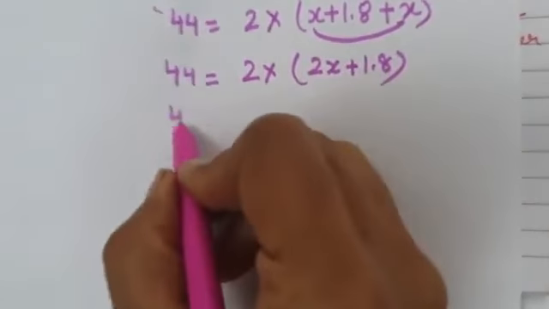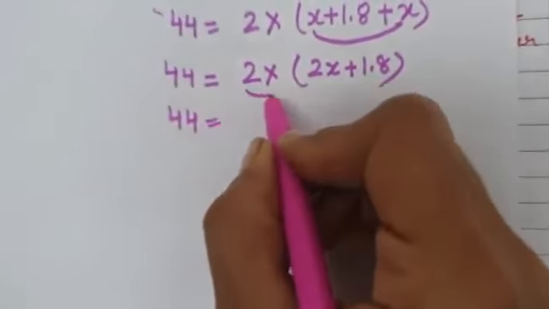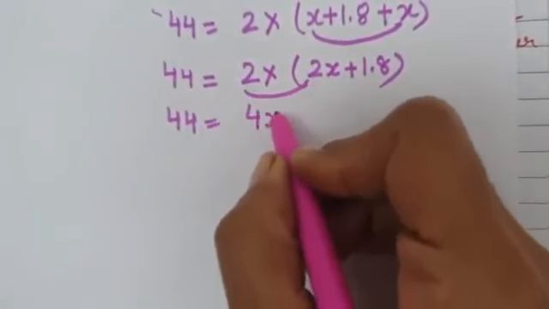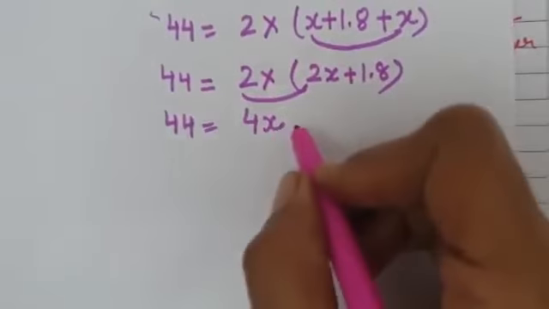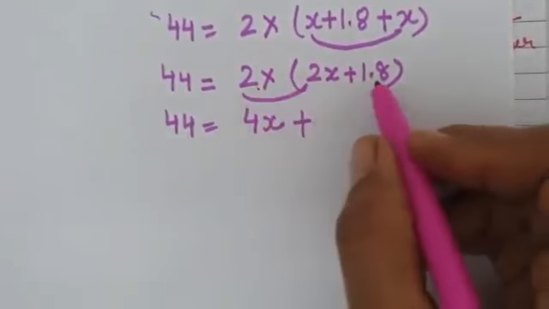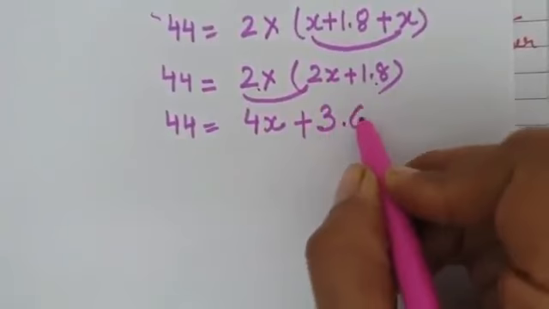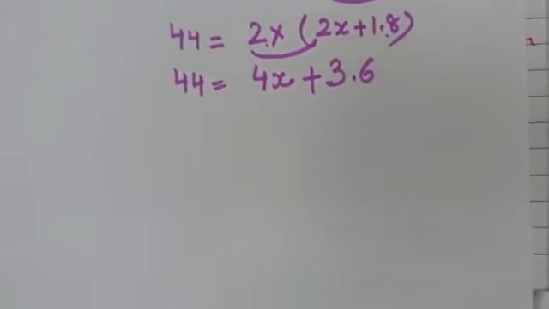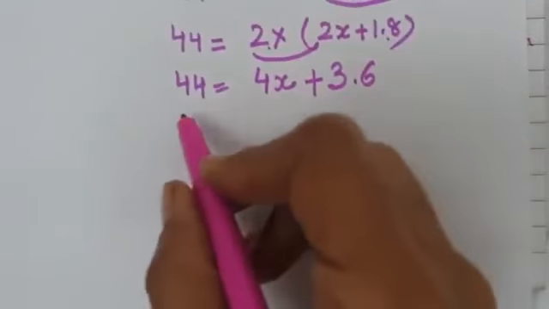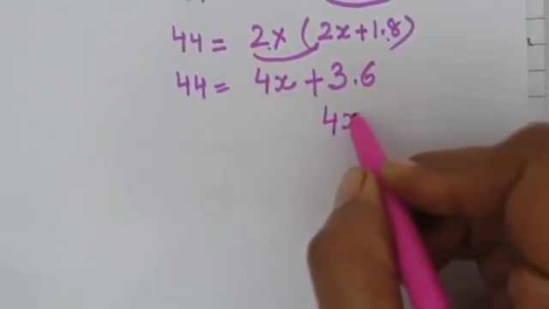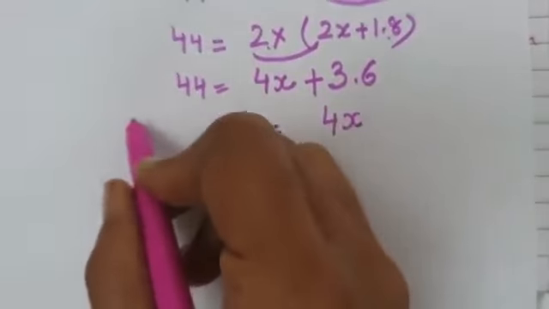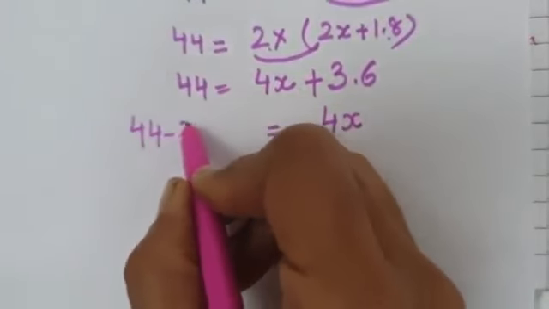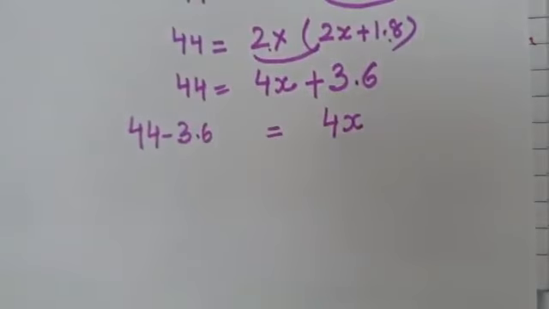So now open the bracket. 2 into 2x, 4x. Clear? Plus 2 into 1.8, 3.6. So now 3.6 will shift to that side and it will get subtracted. Clear?